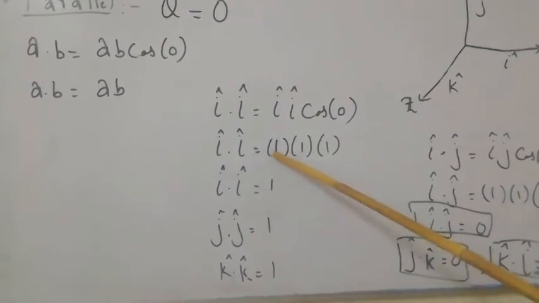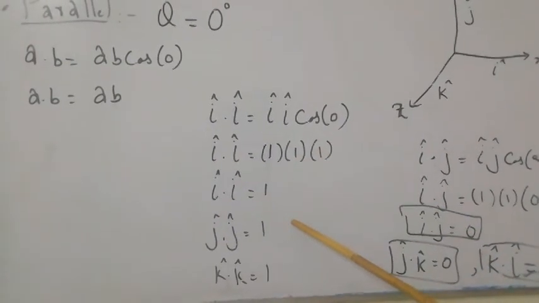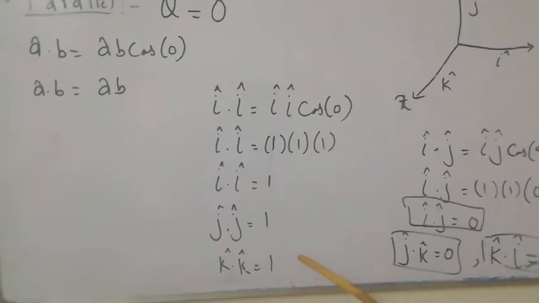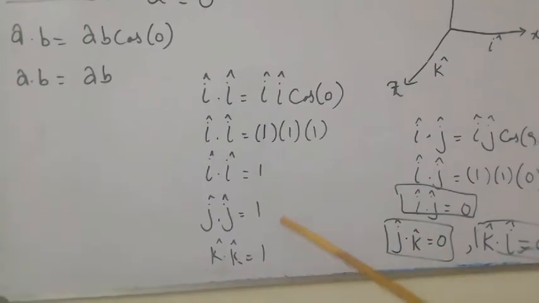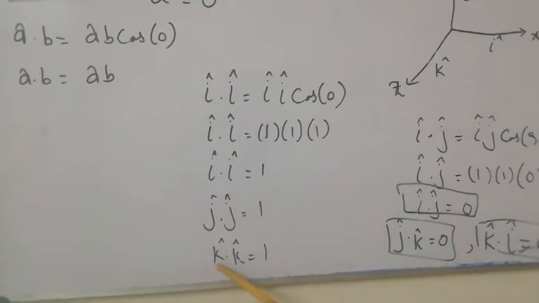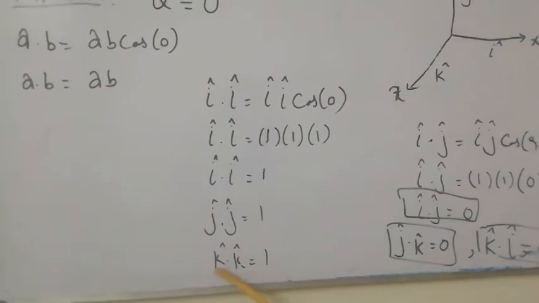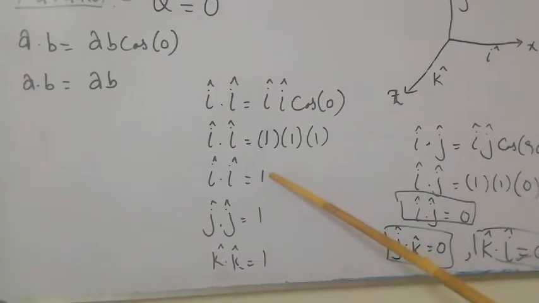So all of the values will be 1, like in i dot i, similar will be in j dot j, and similar will be in k dot k. So when the same unit vectors multiply in the scalar product or dot product, the result will be maximum, that is 1.